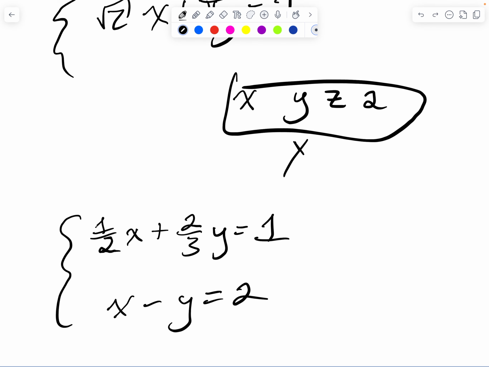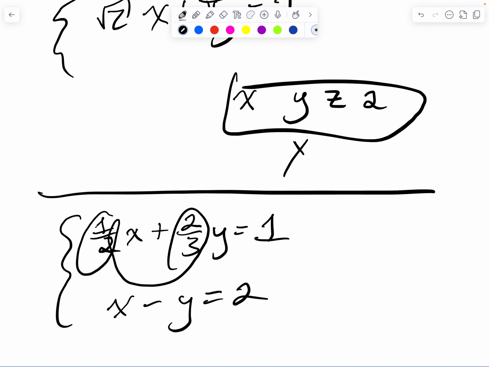And I want to solve this. This is my new problem I'm going to do next. 1/2, so the coefficients are 1/2, 2/3, and 1. There's really ones here, but we don't write them. So 1/2, 2/3, and 1.